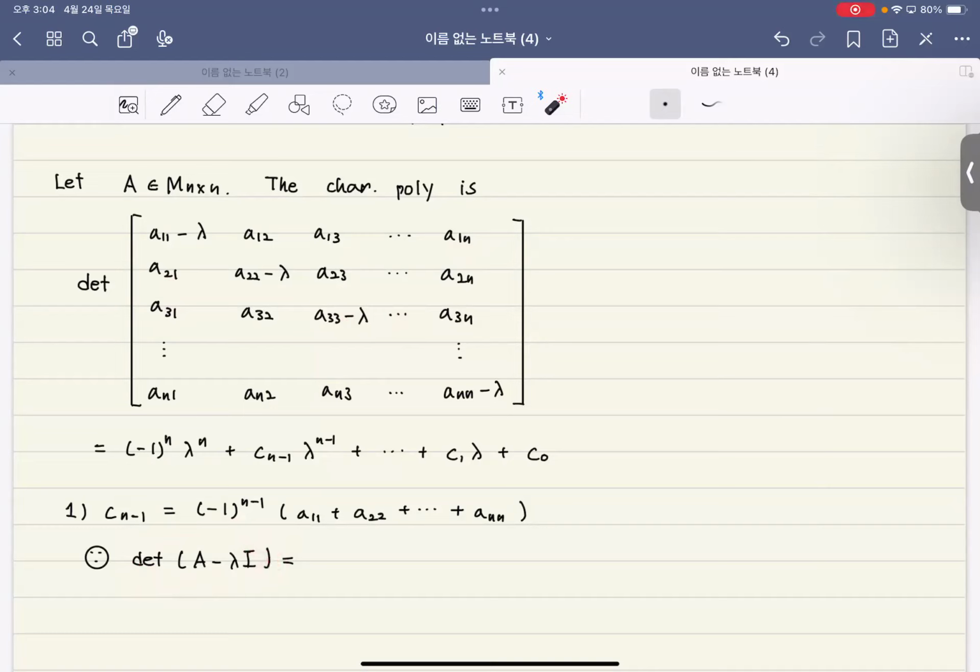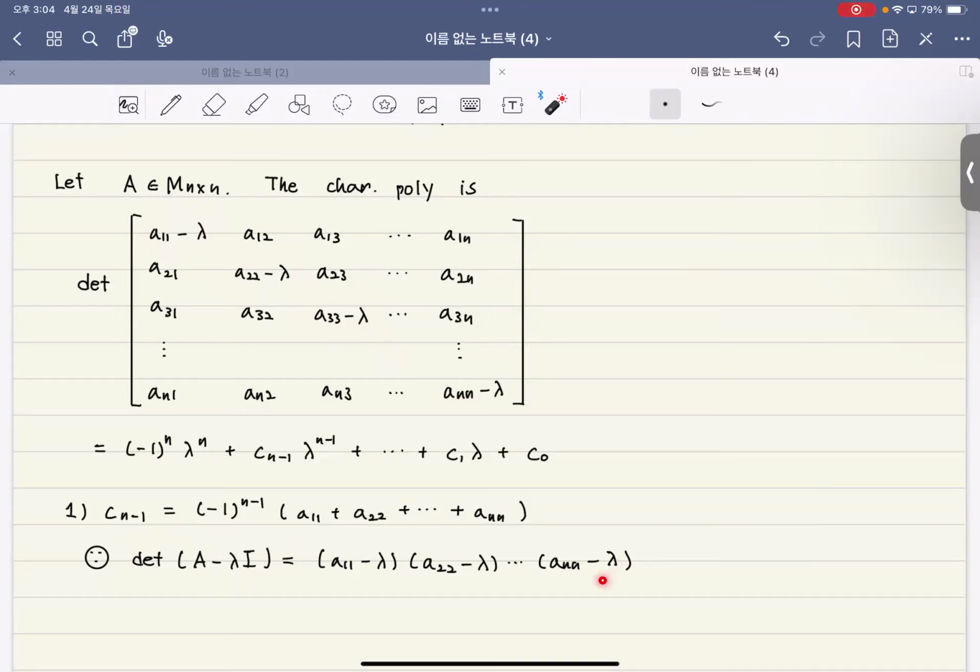And so I will have (a11 minus lambda)(a22 minus lambda) and so on. Therefore, the first term I can think of in this computation is, for the first row, choosing the first column, for the second row choosing the second column, for the third row choosing the third column, and so on.